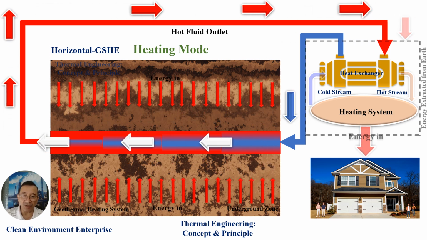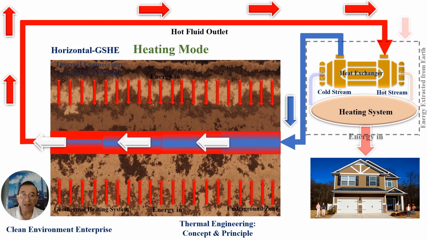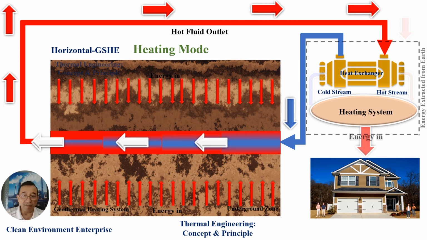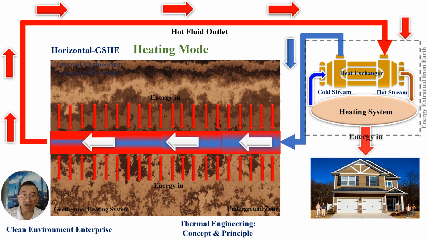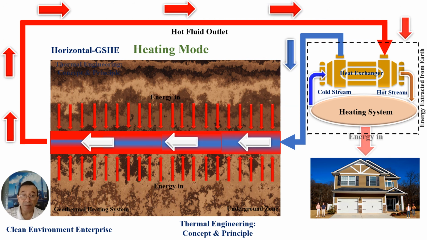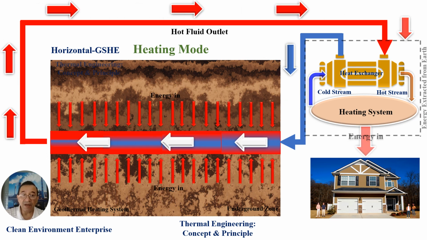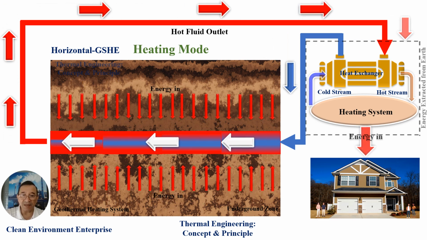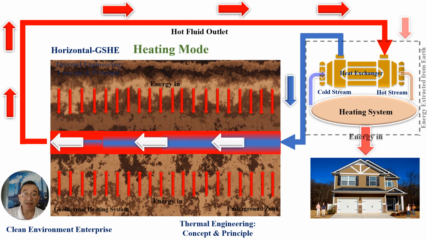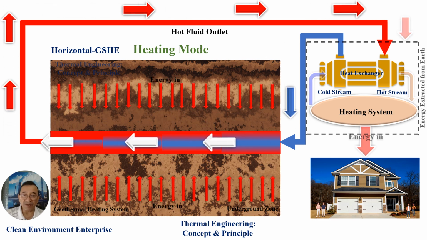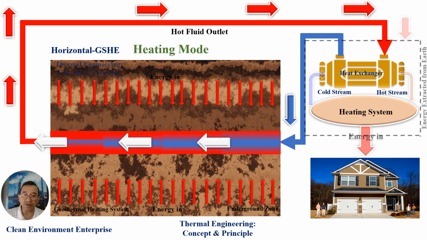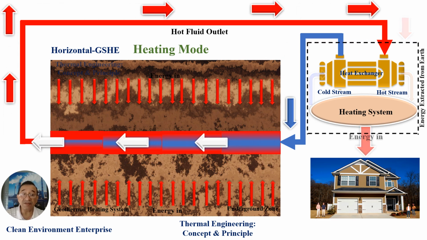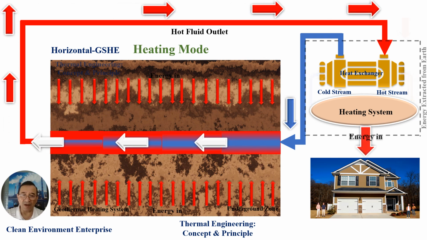The heat exchanger is usually made of plastic material such as high density polyethylene. These plastic materials have the capability to resist temperature, corrosion, and they can handle high pressure as well.